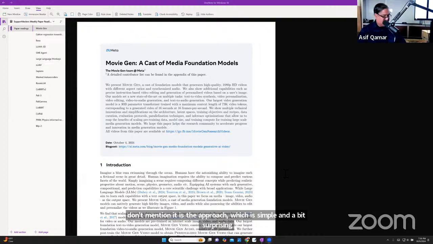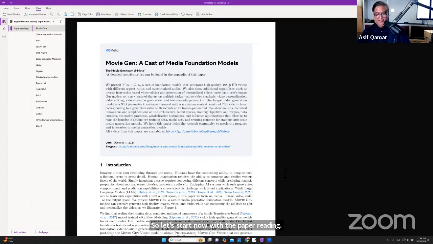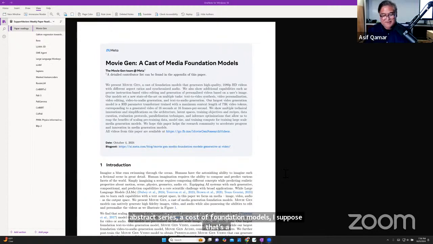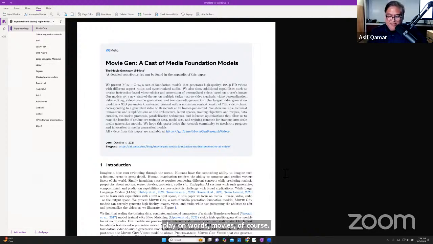So we present MovieGen, the abstract says, a cast of foundation models. I suppose that's a play on words. Movies have casts. So we present MovieGen, a cast of foundation models that generates high quality 1080p HD videos with different aspect ratios and synchronized audio.